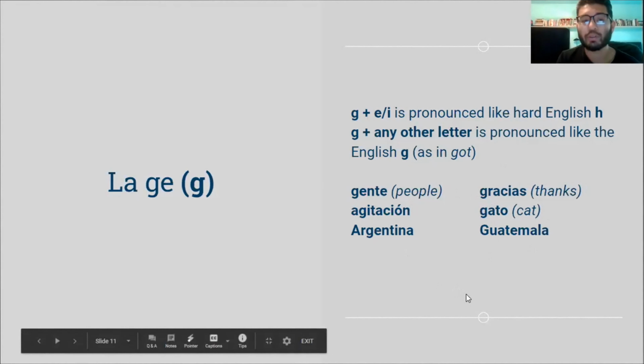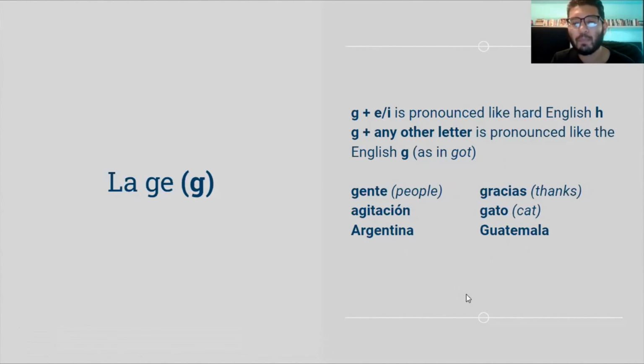So again, worth noting that the letter G produces two different sounds: gente, gracias, agitación, gato, Argentina, Guatemala. Muy bien.